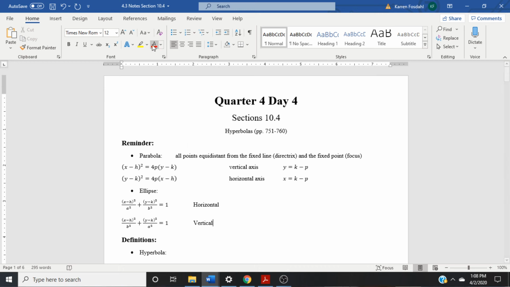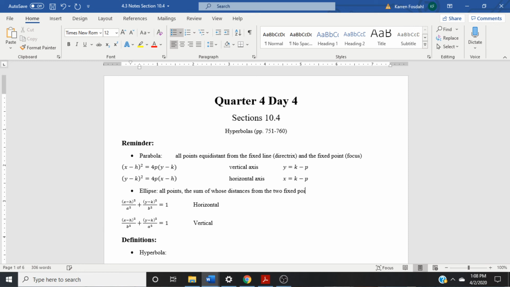And the definition of an ellipse is all points the sum of whose distances from the two fixed points.